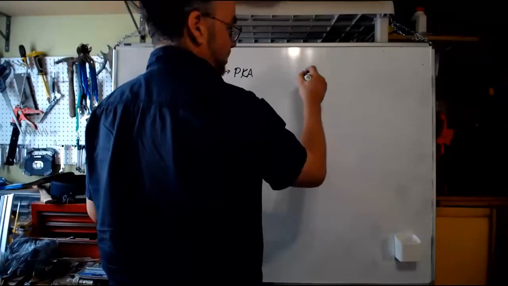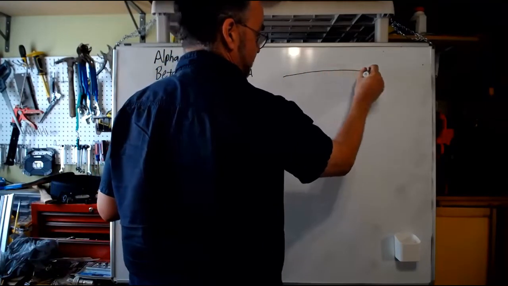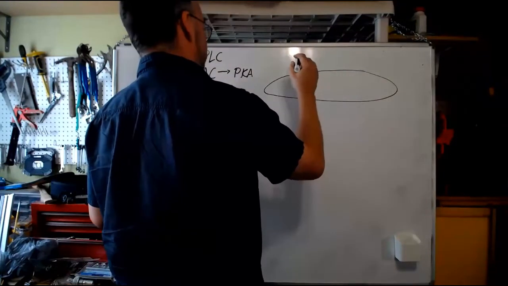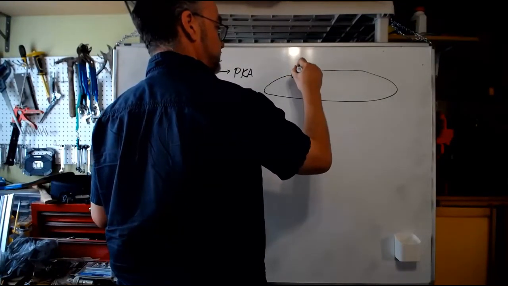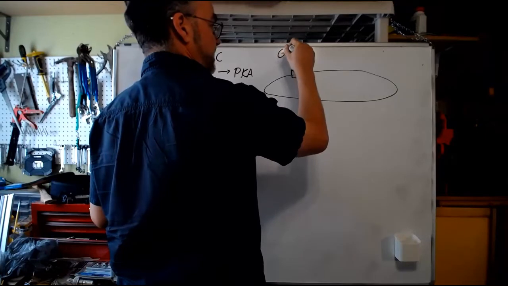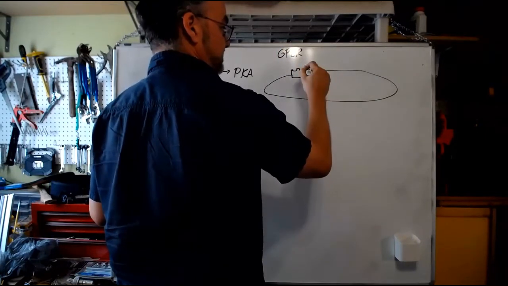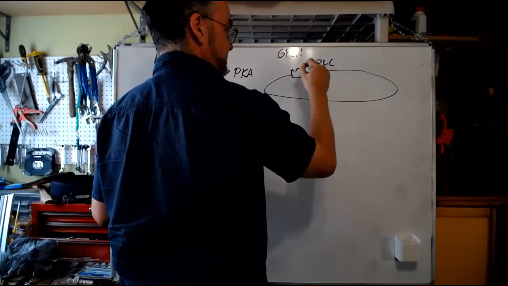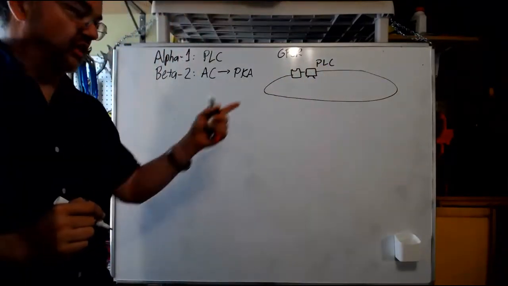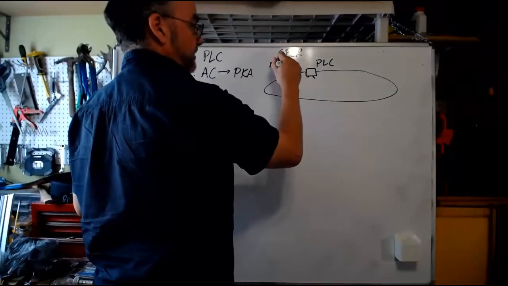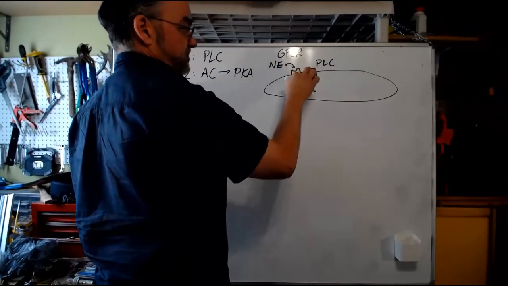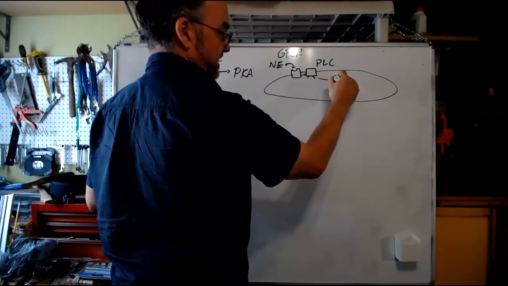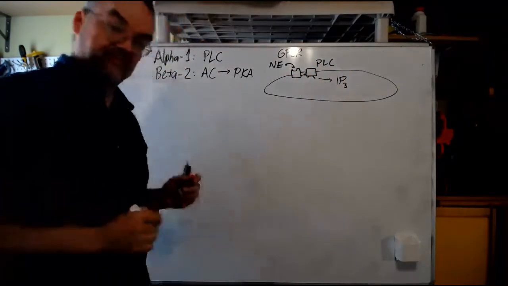So the way that's going to work is if we imagine that we're looking at a smooth muscle cell here, the alpha-1 receptor is a G protein coupled receptor linked up to phospholipase C. So, when norepinephrine binds to this G protein coupled receptor, it activates the phospholipase C, which makes the second messenger IP3.